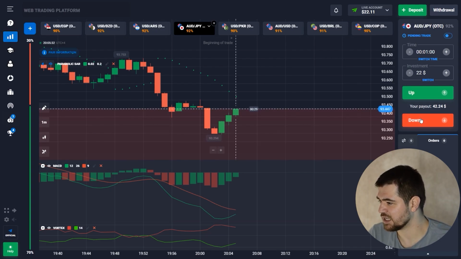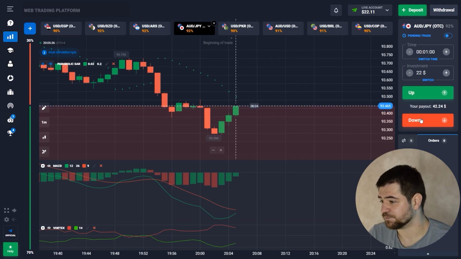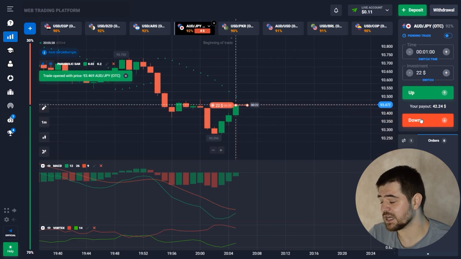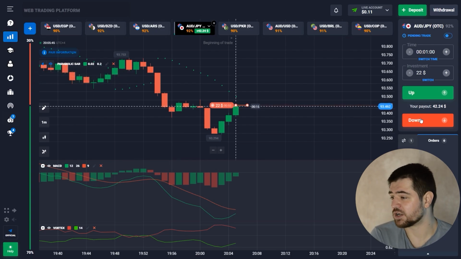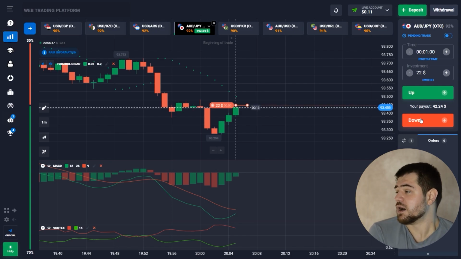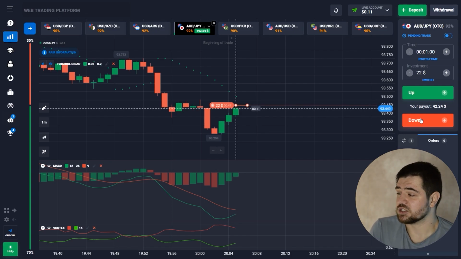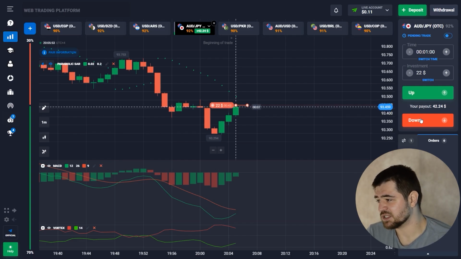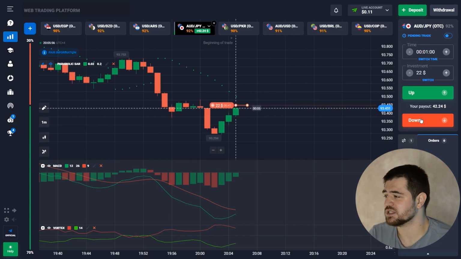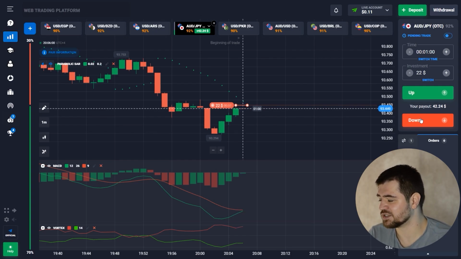Okay, this is a good point also to go ahead and place a put option here, because right now, so we see SAR a lot. So the dotted line at this point is working as a resistance level, as well as we do have a resistance level here, not a major one, but we do have resistance levels here.